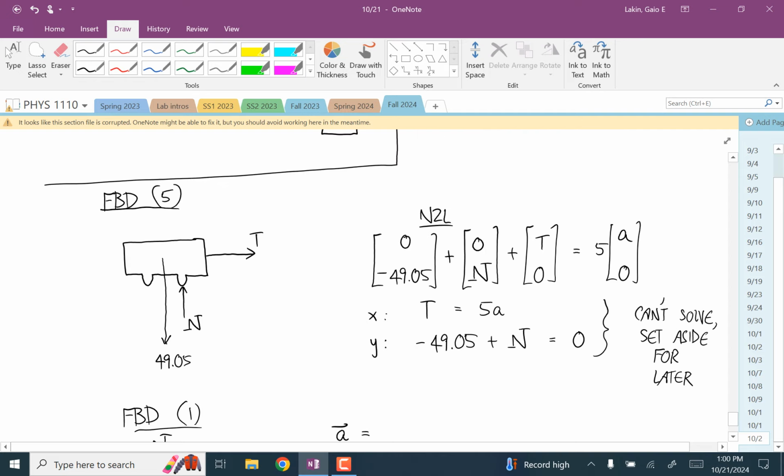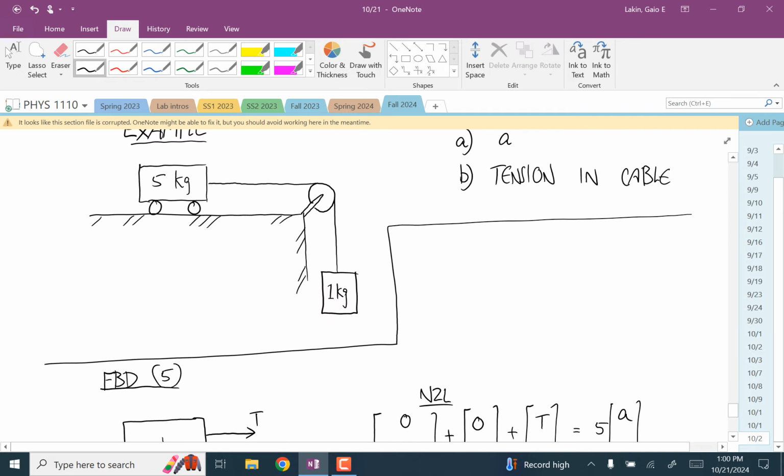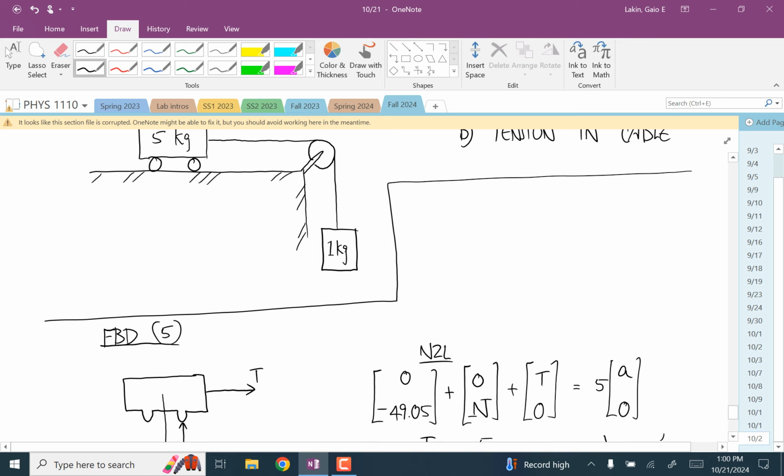Okay? If we rolled this cart 1 inch to the right in the positive x direction, where would this one go? It would go down, and it would go down 1 inch, and so we know that the magnitudes of the accelerations are going to be the same because they go the same distance.